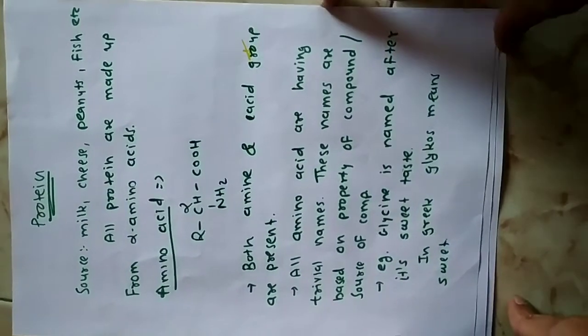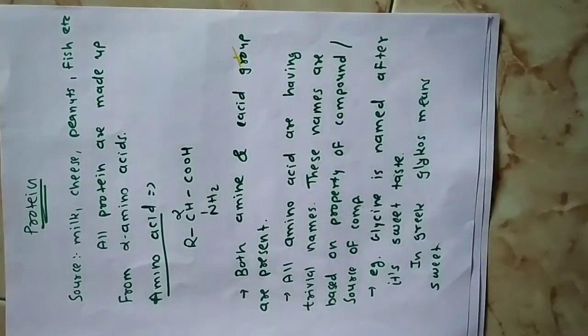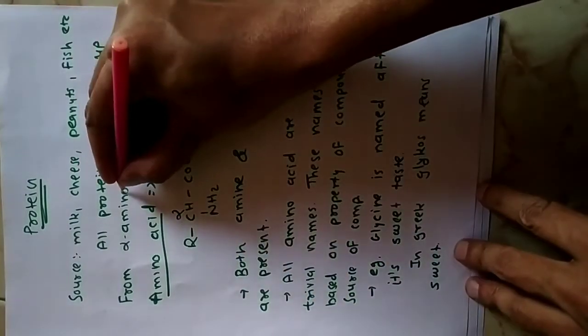Now an important topic is protein. What are the sources of protein? Milk, cheese, peanut, fish, meat, etc. They are the main sources of protein. All proteins are made up of alpha amino acids. Now what is an amino acid?